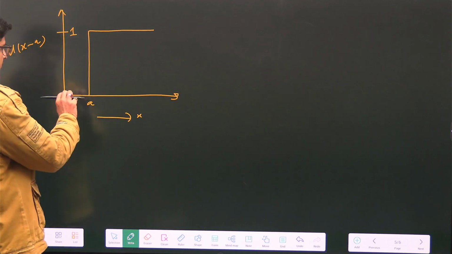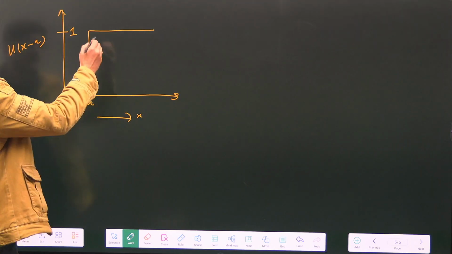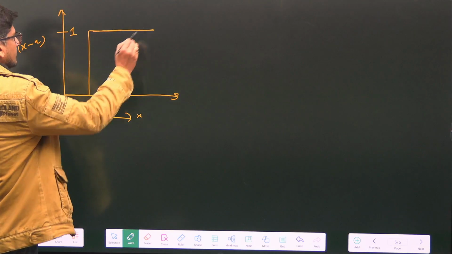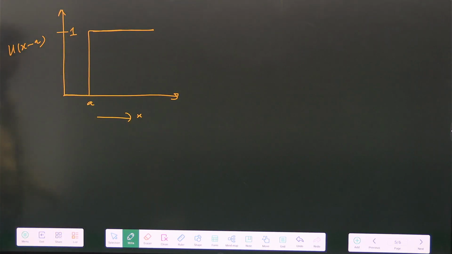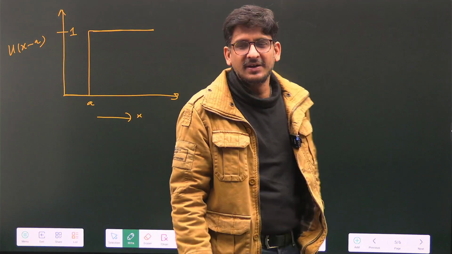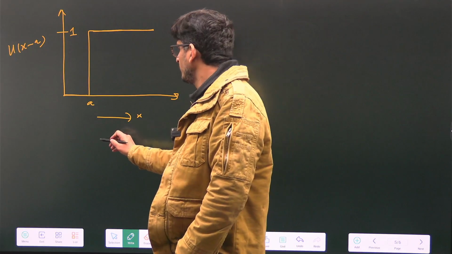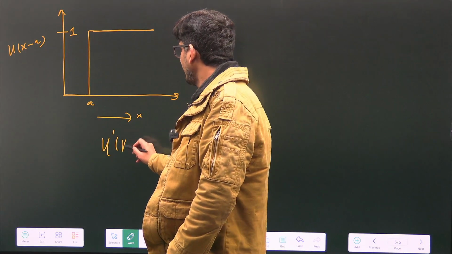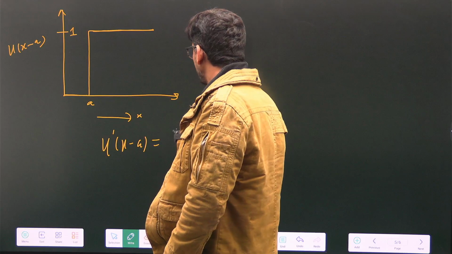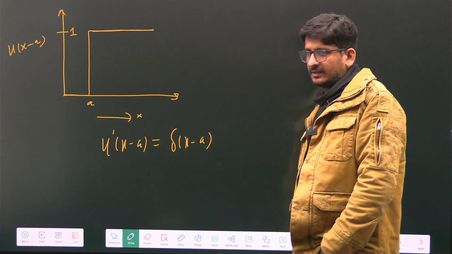Here the slope of this line is 0 and the slope of this line is also 0. But the slope of this line is infinite. So that means derivative of unit step function will be a delta function. So I can represent u dash of x minus a is equal to delta function x minus a.